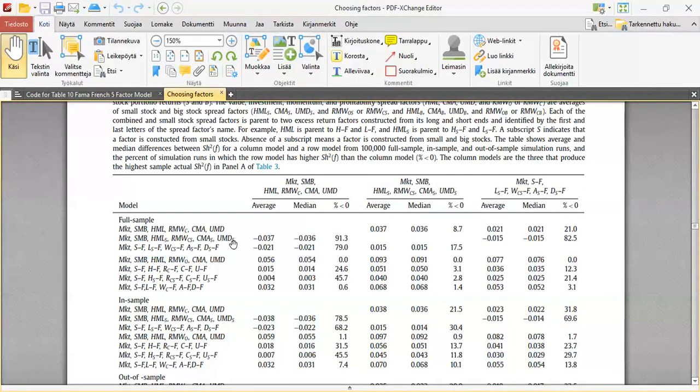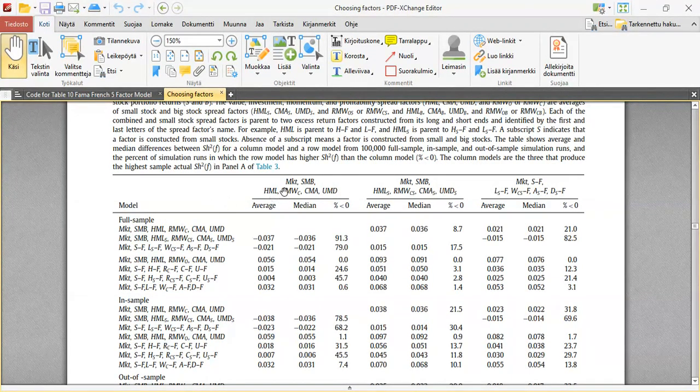What we see is that if we subtract the average maximum squared Sharpe ratio of this model minus this model here, it is negative, which means that this row model produces a maximum squared Sharpe ratio that is 0.031 units higher than the maximum squared Sharpe ratio of this model here.